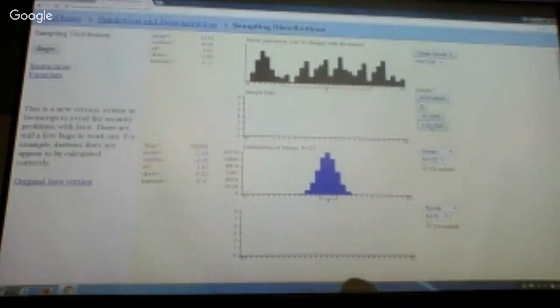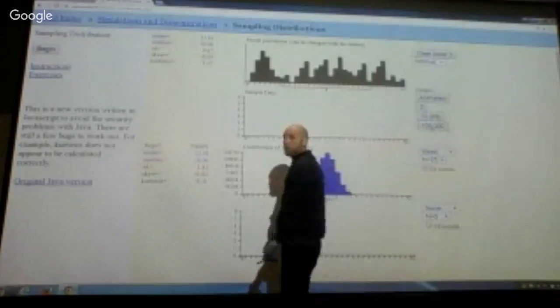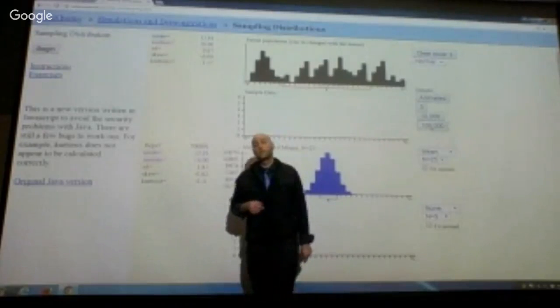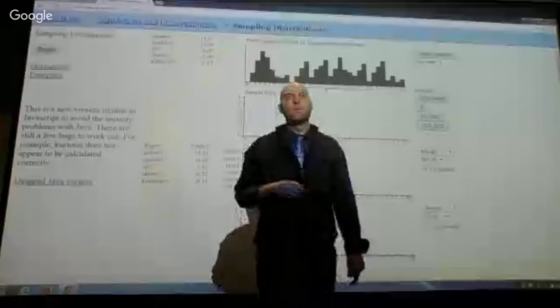Standard deviation, 9, divided by the square root of the sample size, 25. What's the square root of 25? What's 9 divided by 5? A little less than 10 divided by 5, 1.8.